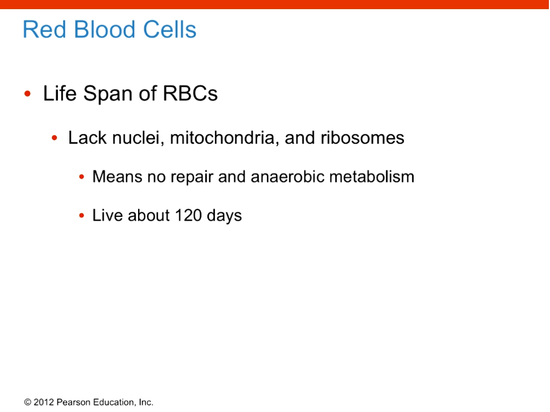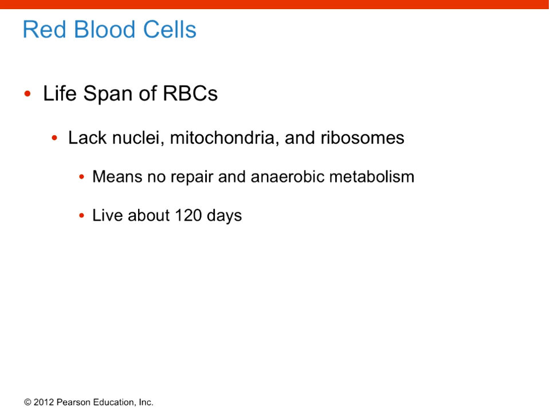Because red blood cells don't have a nucleus, they can't divide on their own. They did have a nucleus at one point in time, but it got kicked out. They also don't have any mitochondria, so they can't make any energy, and they don't have any ribosomes.